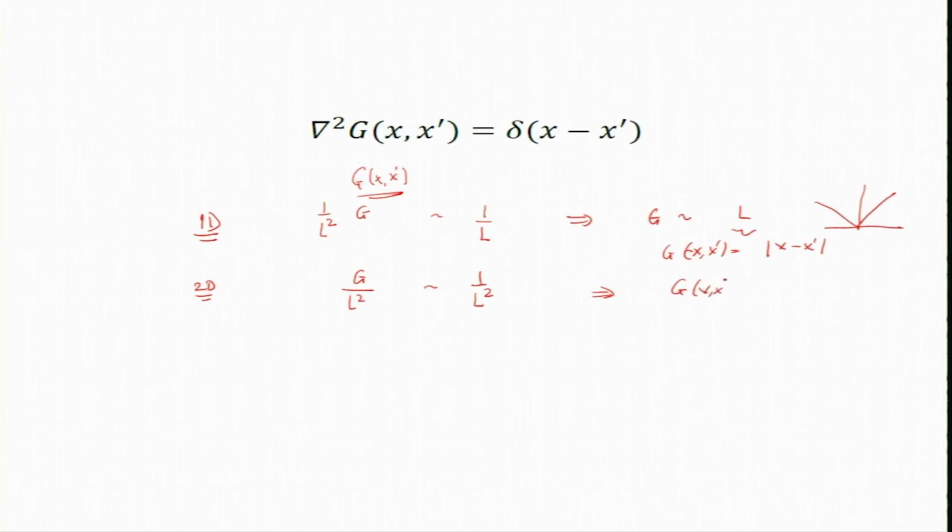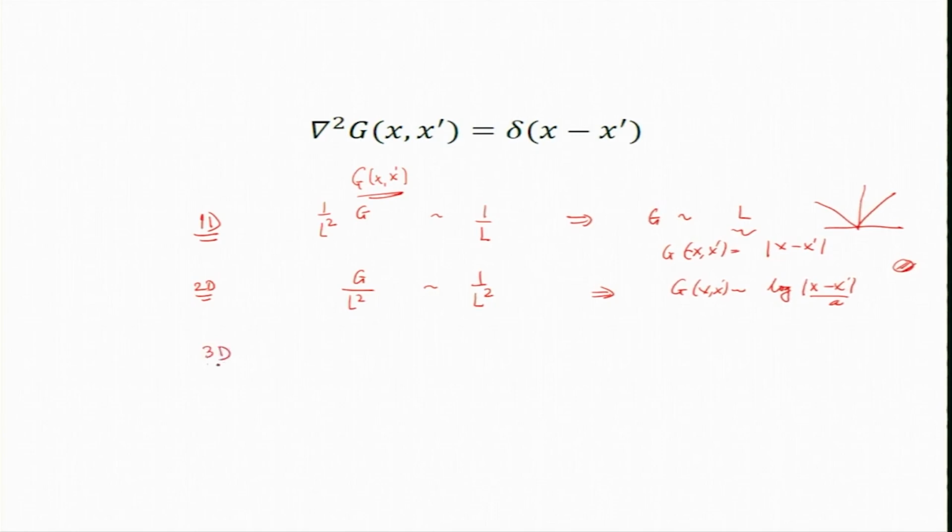So, G(x, x prime) is log of x minus x prime. By the way, please note that it is divided by some distance, the size of the source. So, there is some nondimensionalization which is done, but log has no dimension, in fact it is L to the 0. So, this is indeed constant.